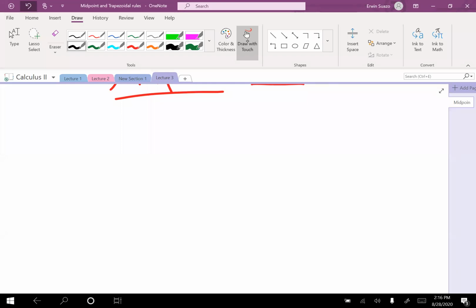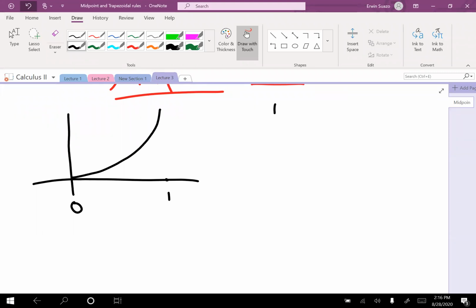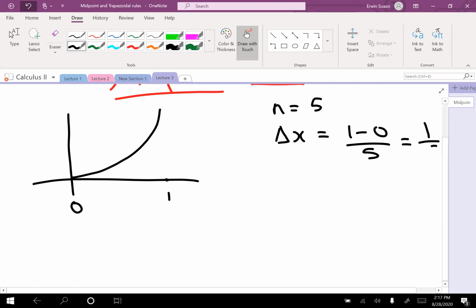So we're gonna do again the integral between 0 and 1. And again, we're gonna use n equals 5. So the increment is gonna be 1 minus 0 over 5. That's 1/5.